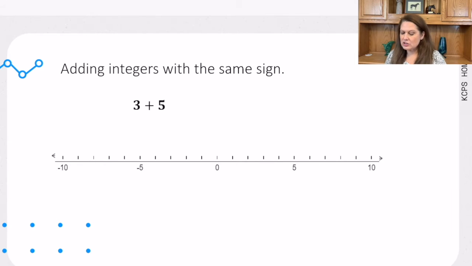When adding integers with the same signs, we need to pay attention to those signs because they're going to tell us whether we need to go to the left or to the right. Because they're both positive, remember, positive is to the right, so that's the way we're going to go. People, depending on how familiar they are with number lines, have a certain tack on how you draw.